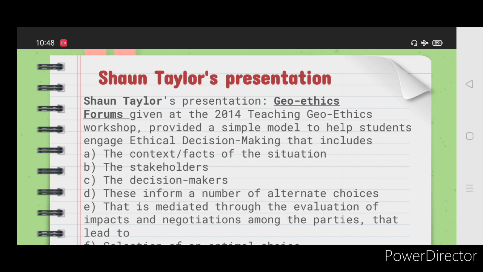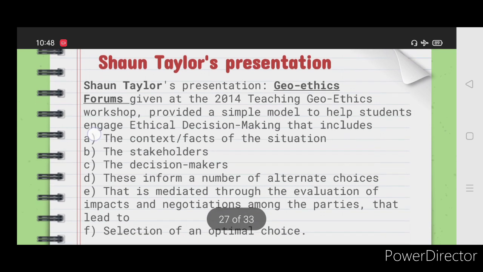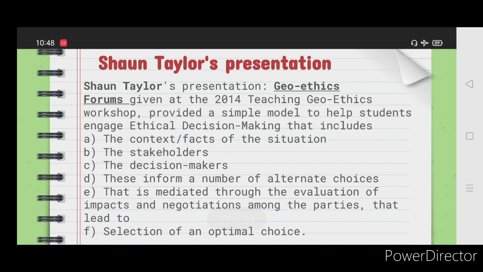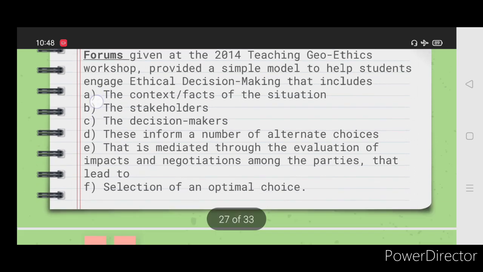This informs a number of alternate choices that is mediated through the evaluation of impacts and negotiations among other parties that lead to selection of an optimal choice. Okay, so may papakita ako mamaya later.